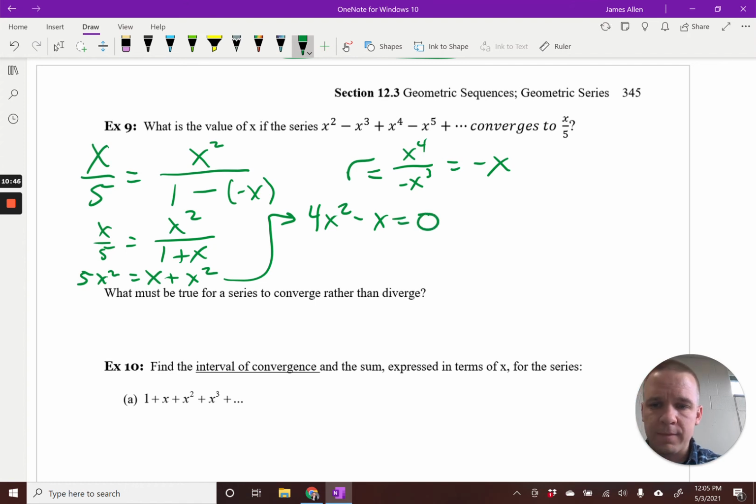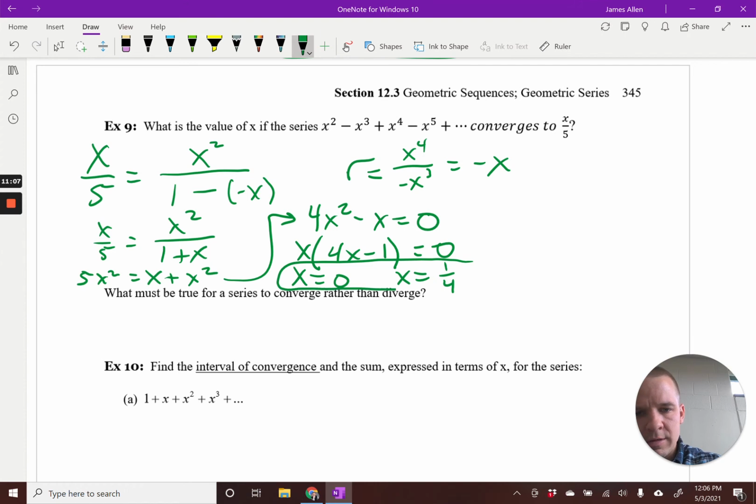So subtract the x squared to get 4x squared minus x. GCF situation. If I take out an x, I'd be left with 4x minus 1 equals 0. So x equals 0, and then x equals, add 1, divide by 4, I get 1/4. Okay, cool. So x would equal 0 or 1/4. I love it. Cool.